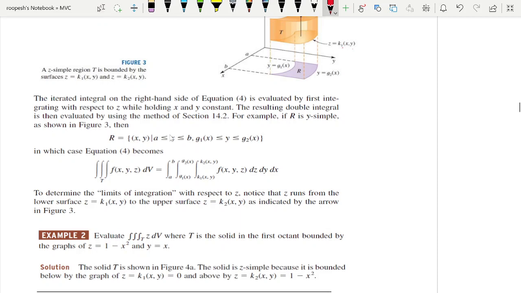Here again we are considering R, and suppose it is a y-simple region. Then the triple integral over T of f(x,y,z) dV is equal to the integral from a to b, then the integral of y from g1(x) to g2(x) of f(x,y,z) dy. As we did in the double integration class, we can easily find the limits.